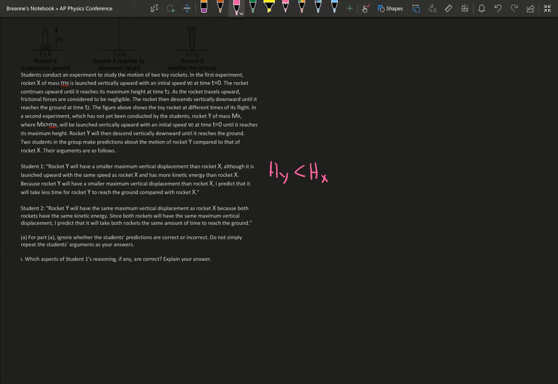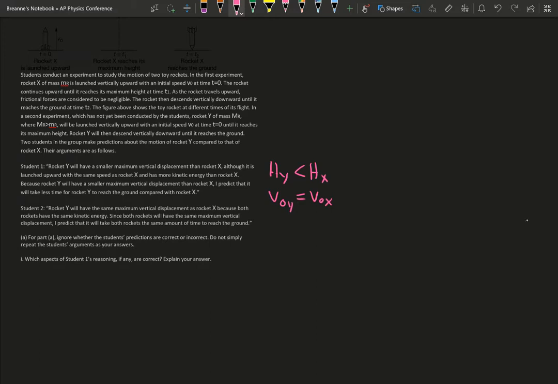Although it is launched upward with the same initial speed. So they are saying it has the same initial speed. So Y has the same as X, which was stated, so that's true.